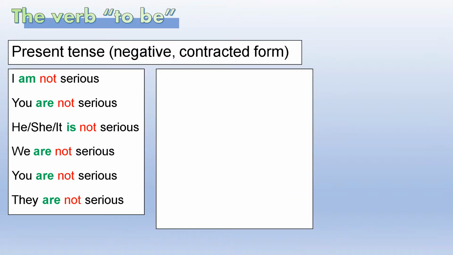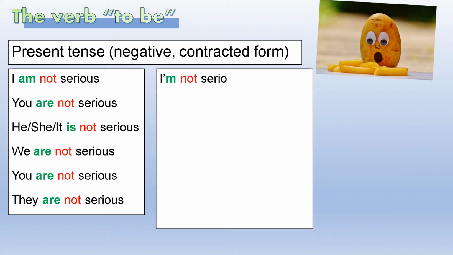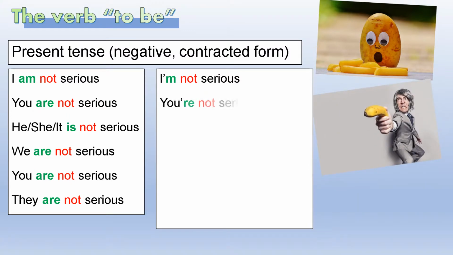The contracted form replaces the A in am here, or in the verb to be, there's a vowel that's replaced. So I am not serious becomes I'm not serious. You are not serious becomes you're not serious.